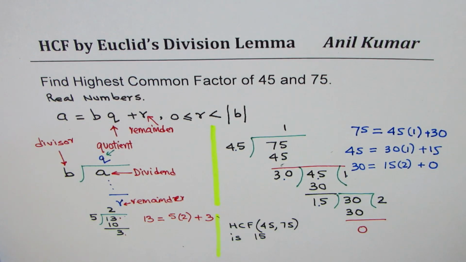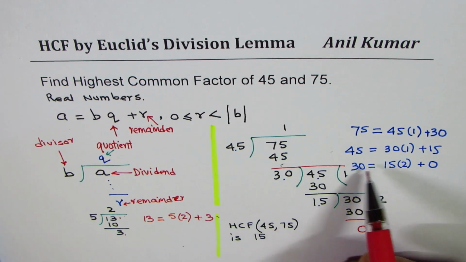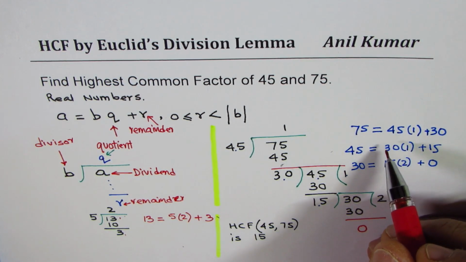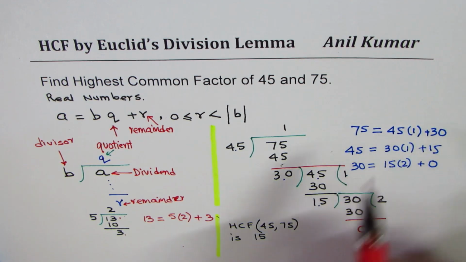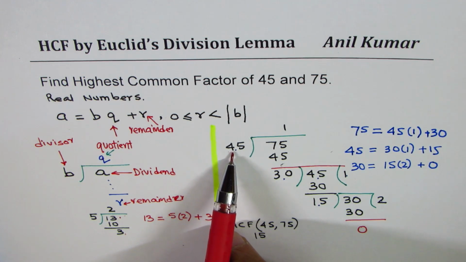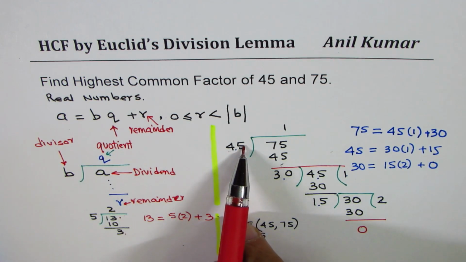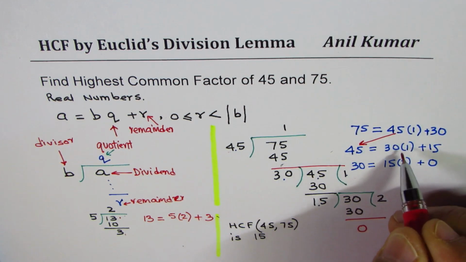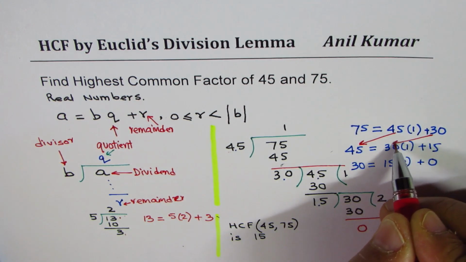So in this process, when we are trying to find the highest common factor, what we observe here is that the divisor, which was 45 in the first case, becomes the dividend, right? So the divisor becomes the dividend, and the remainder becomes the divisor. Do you see that?